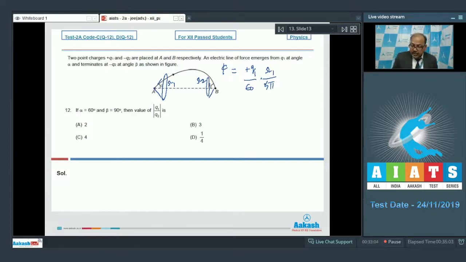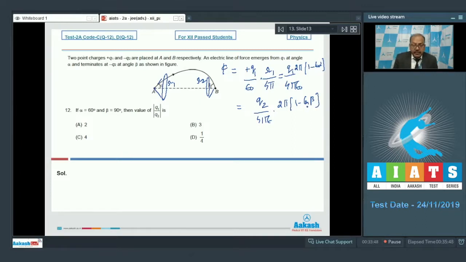The value of omega itself is given as is equal to 2 pi into 1 minus cos alpha, and similarly this is also equal to Q2 by 4 pi epsilon naught. Omega 2 will be 2 pi into 1 minus cos beta.